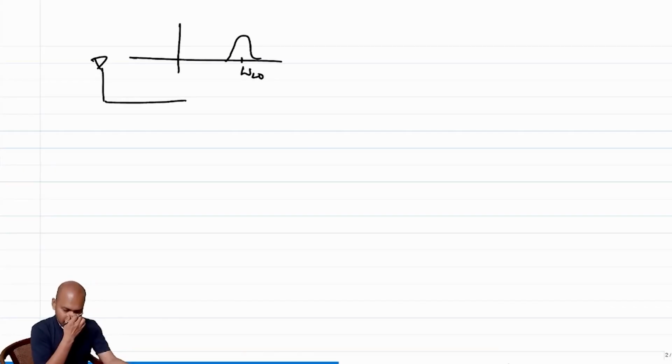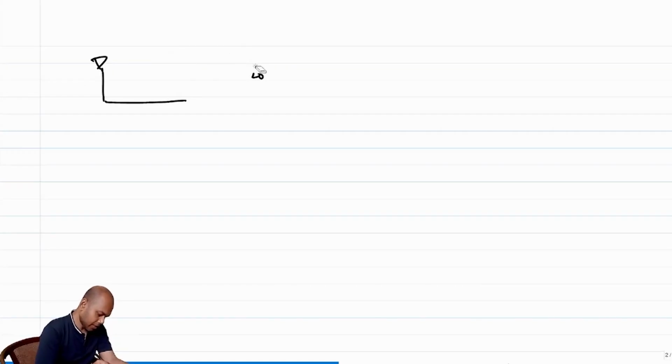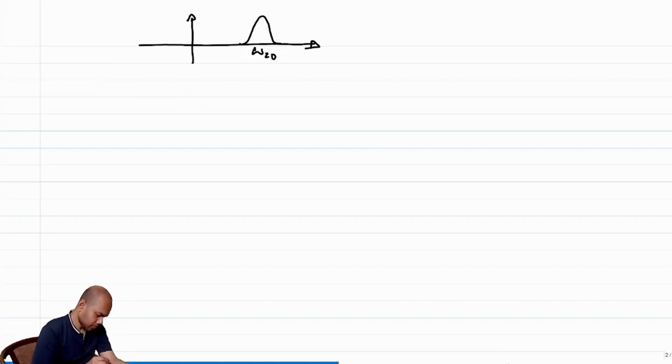I'm not drawing the negative frequency, but it is assumed that the negative frequency component also exists. So this is what we are interested in.